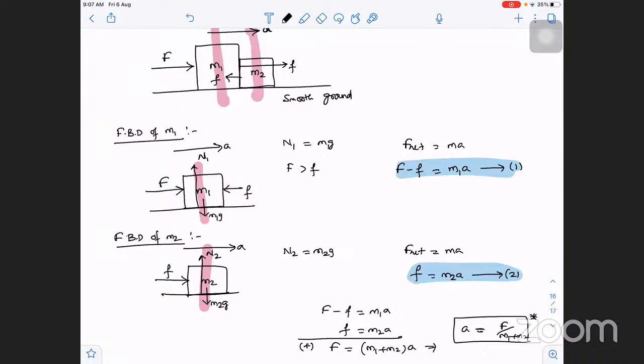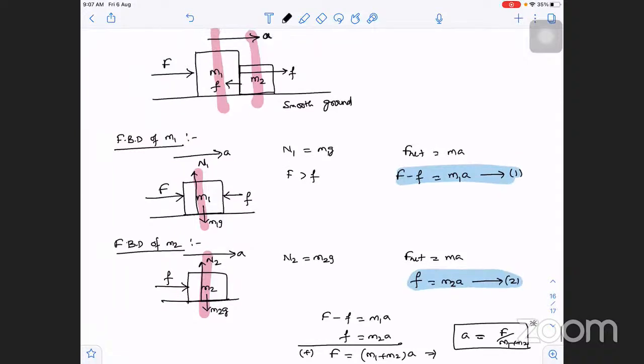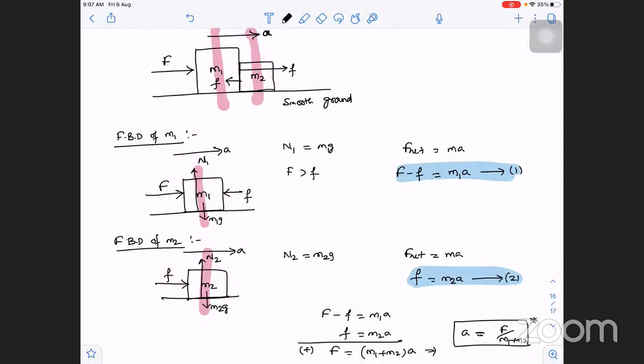So what is the force acting? The contact force acting on M2 by M1, or the contact force acting on M1 by M2? Anything is same. So find the contact force, small f, between M1 and M2.